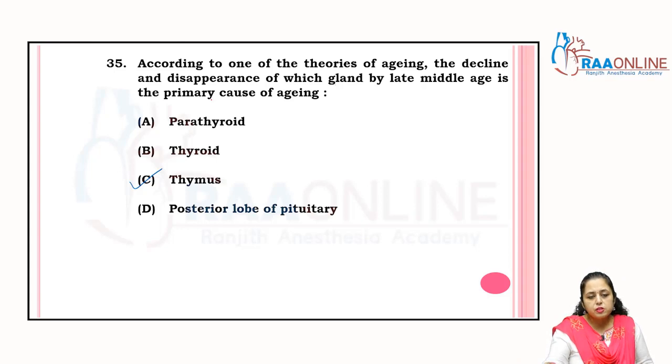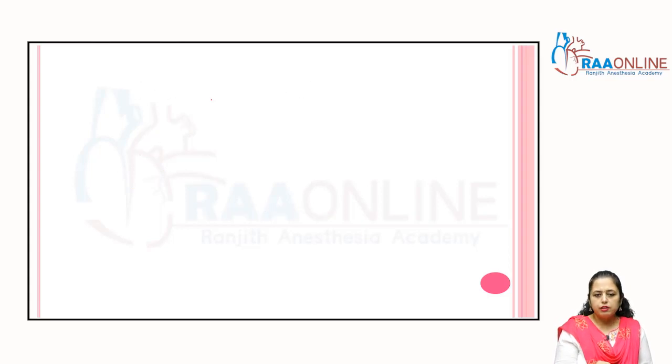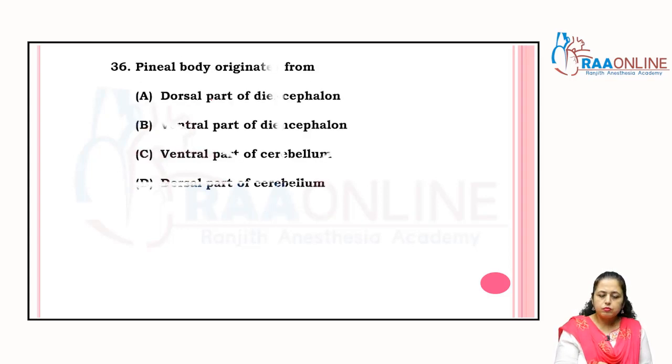If our life is disciplined, then our immune system will be strong, right? If not, then it harms our body. But due to the degradation of the thymus, a little bit of effect is seen even after a disciplined life. So the answer is 35, thymus gland.